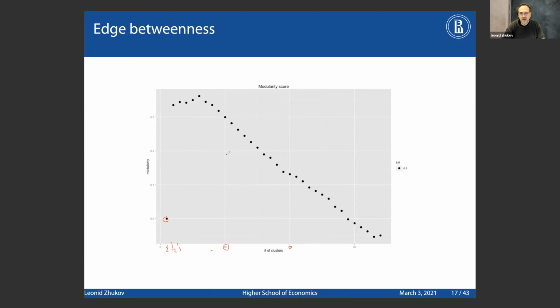And we monitor the modularity score. And notice that in this case, the modularity score is the largest when we have approximately 5 or 6 communities.